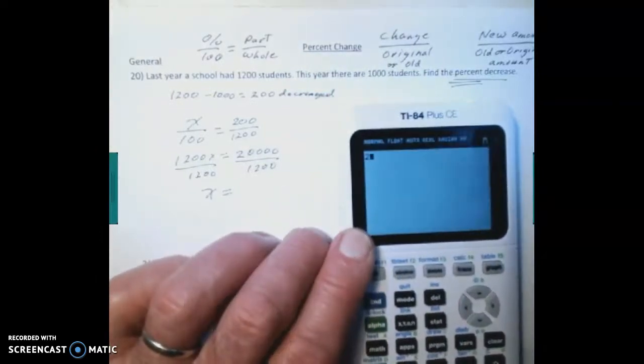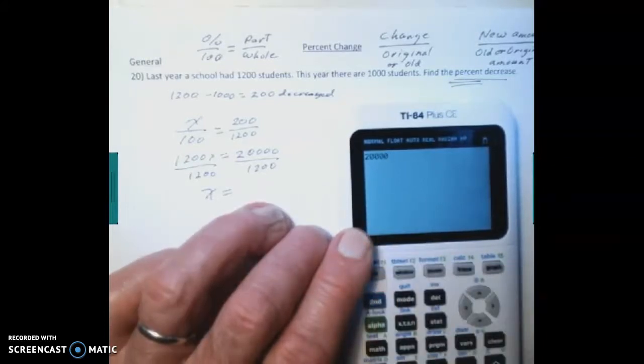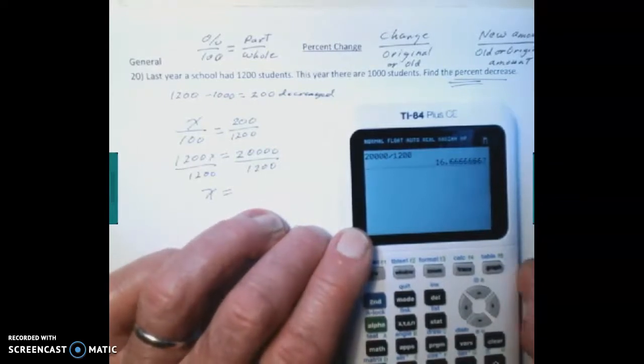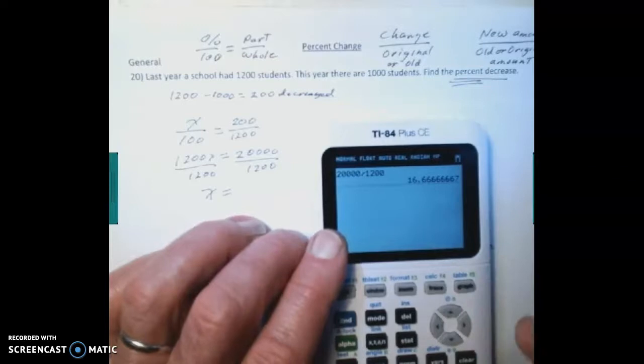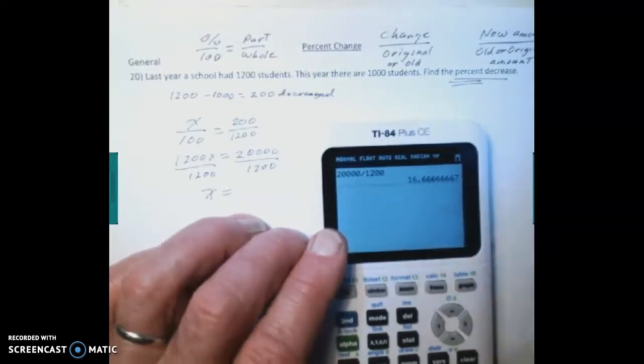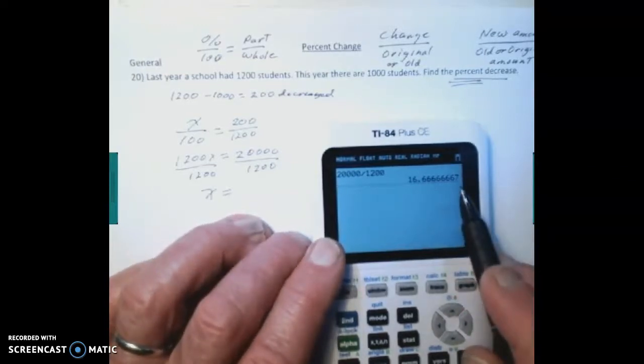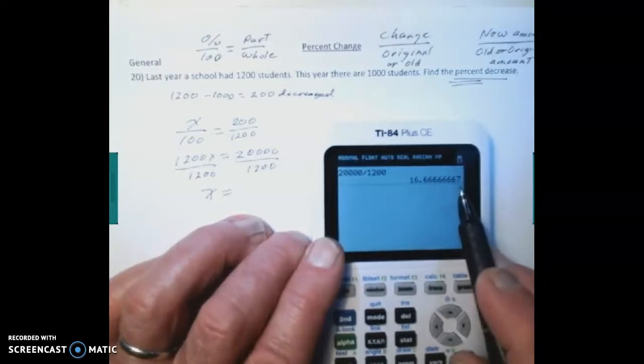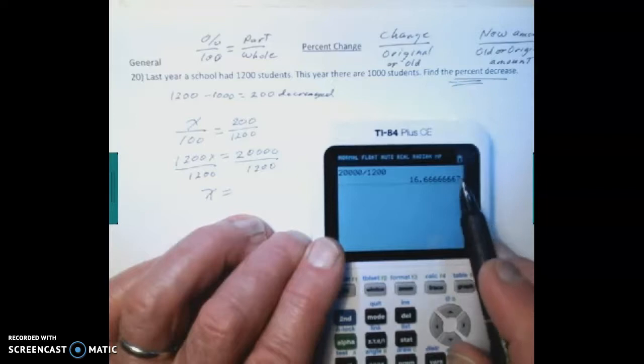It is 2 followed by 4 zeros divided by 1,200. And I come up with 16.6 repeating. That last 7 is just that the calculator is smart enough to round off. It looked to the right and said there's another 6, so it called that last one a 7.